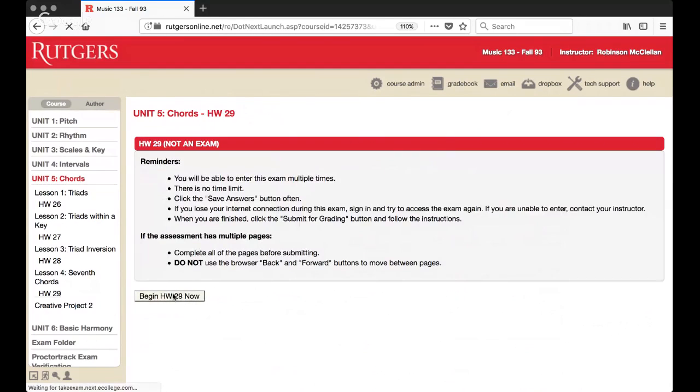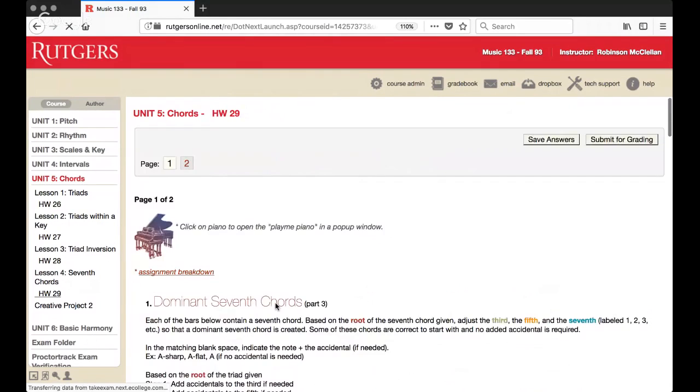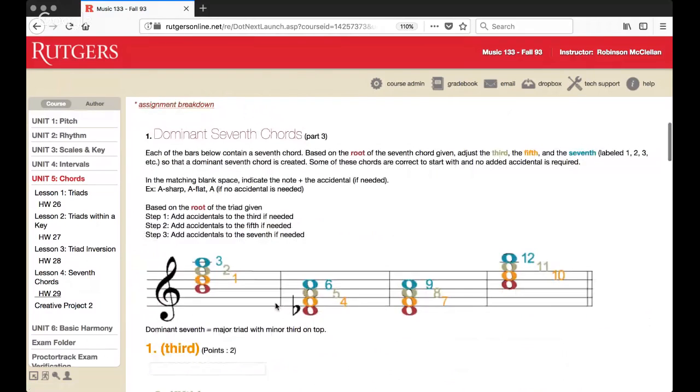And last but not least, homework number 29. Now we add that fourth note, which, when in root position, is a seventh, an interval of a seventh away from the root. And that gives you that nice stacked thirds arrangement with the seventh on top, fifth, third, and root.